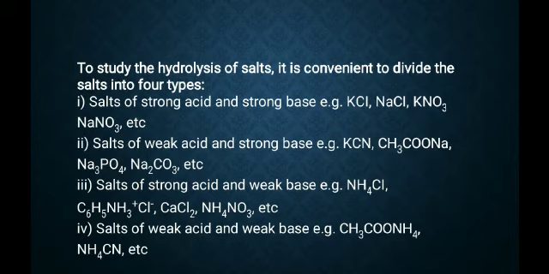For example, KCN, sodium acetate, Na3PO4, Na2CO3, sodium carbonate, etc. Third, salt of strong acid and weak base, for example NH4Cl, C6H5NH3Cl, CaCl2, NH4NO3, etc. And the fourth type of hydrolysis of salt is salt of weak acid and weak base, for example ammonium acetate and ammonium cyanide, etc.